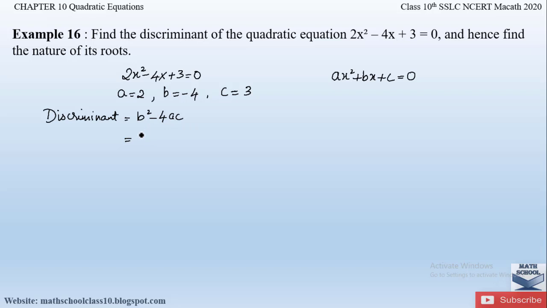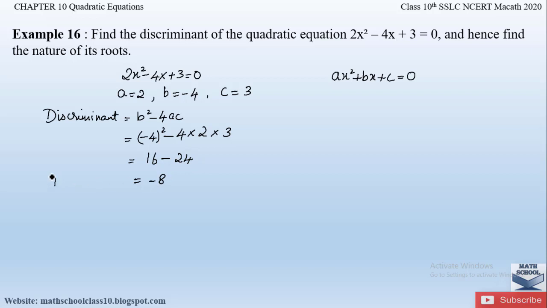So b square is minus 4 the whole square, minus 4 into a value 2 into c value 3. Minus 4 the whole square will be 4 fours are 16, then minus 4 twos are 8, 8 threes are 24. So here we obtain the discriminant as 16 minus 24, which will be minus 8, since the greater number is 24 here.